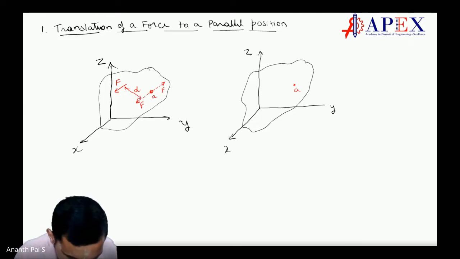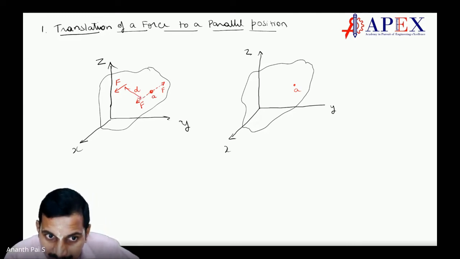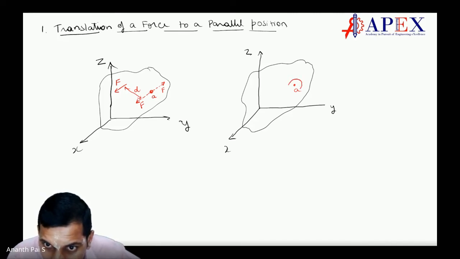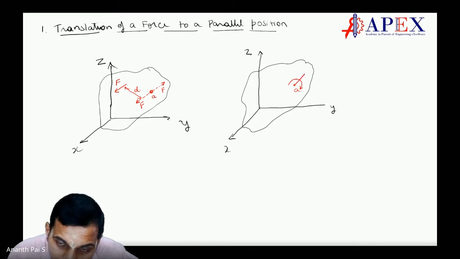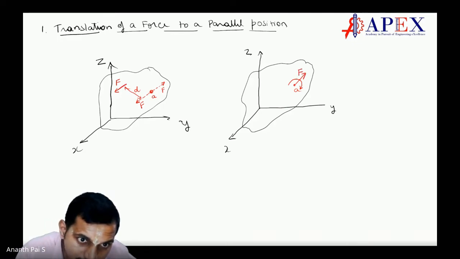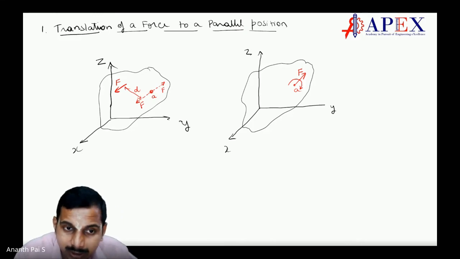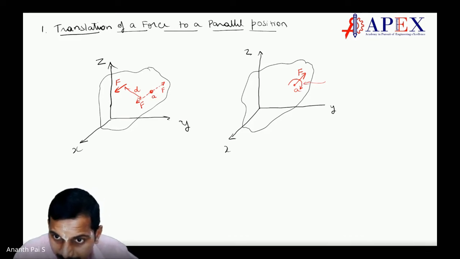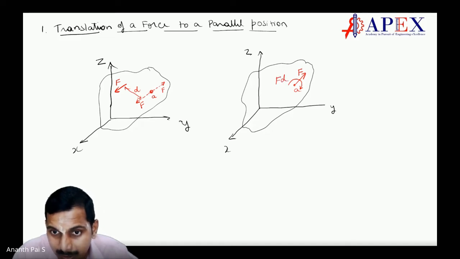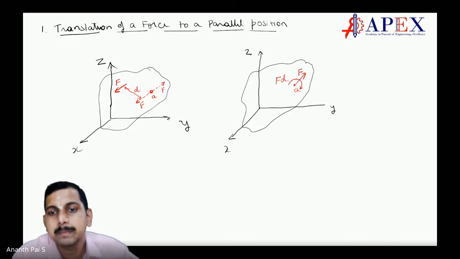So the equivalent force is a couple here and a force F here. So this force which was here is translated to position A, having a couple equal to F into D. The couple here comes as FD. That is the magnitude of the couple.